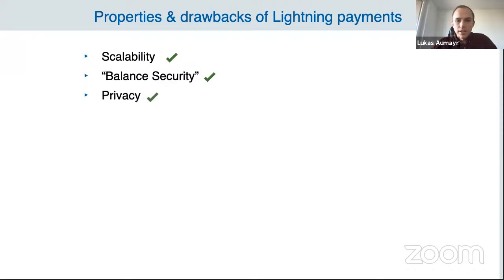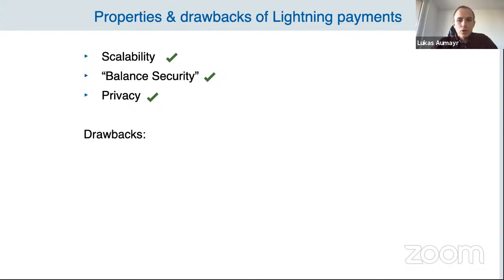And the third thing I want to point out is that Lightning payments achieve privacy in the sense that in an optimistic payment, the intermediaries will only learn about the direct neighbors and the value that is being sent, but they won't learn, for instance, about the whole path.